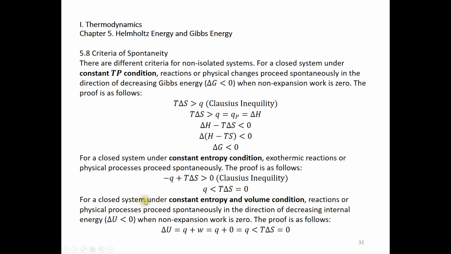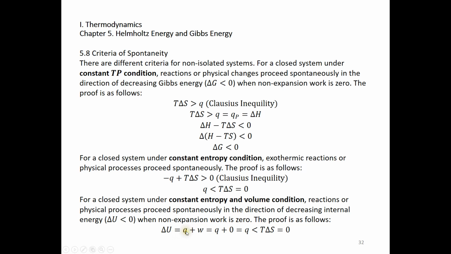Now for a system under constant entropy and volume condition, chemical reactions or physical changes proceed spontaneously in the direction of decreasing the internal energy when non-expansion work is 0. So the proof is very simple. Delta U is Q plus W. When there's no non-expansion work and no expansion work, because volume is constant, that means W is simply 0.